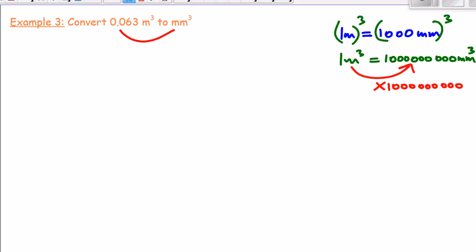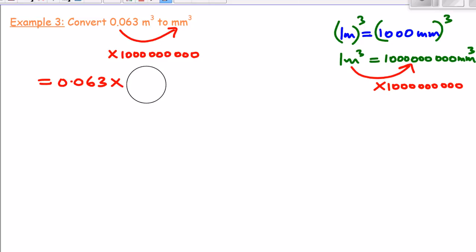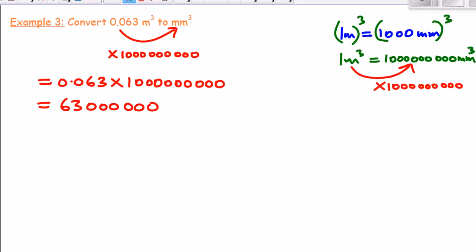So that will be 0.063 multiplied by 1 billion, and that will be equal to 63 million millimeters cubed.